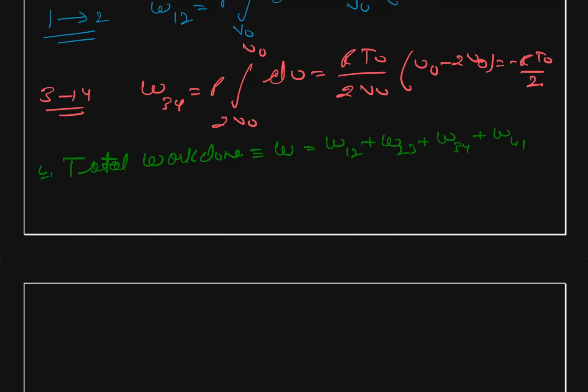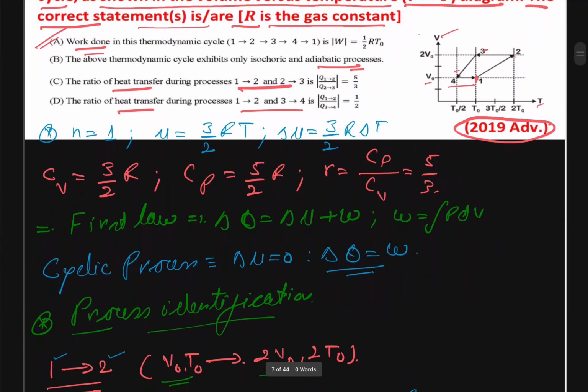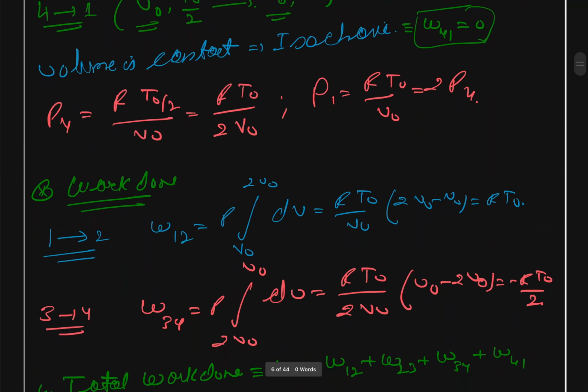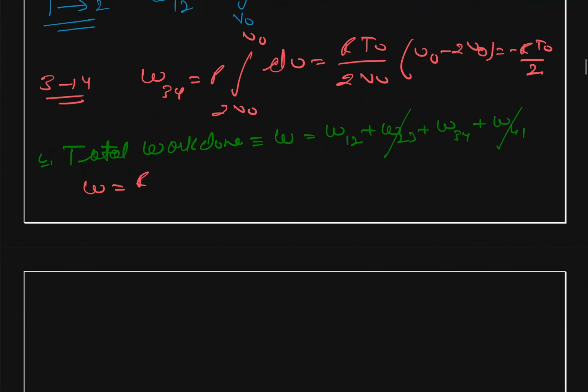For 4 1 and 2 3 the work done will be equal to 0. So these two terms will be 0, and the rest we have already found out. So W is equal to W12, which is R T naught, minus R T naught divided by 2, which gives us 1 by 2 R T naught.